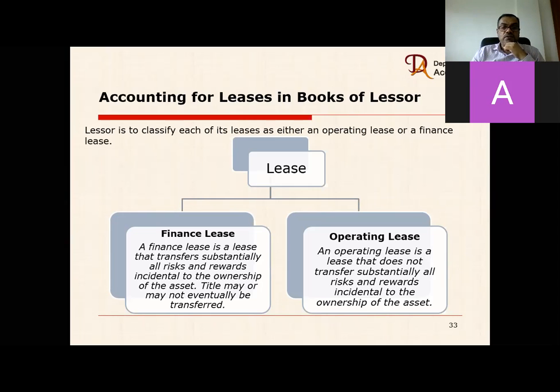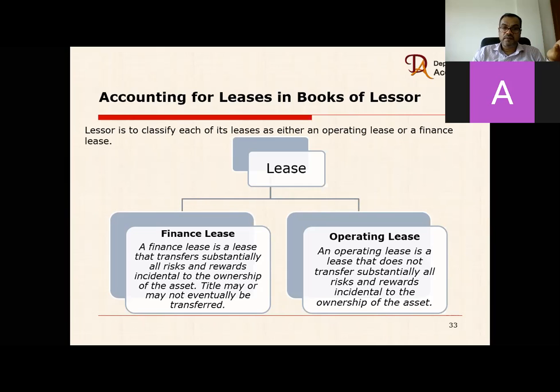To understand the accounting treatment in the lessor's books, we need to classify lease into two from lessor's point of view. This is the point where risk and reward matter. We ask a question. A finance lease is a lease that transfers substantially all risks and rewards incidental to the ownership of the asset to whom?